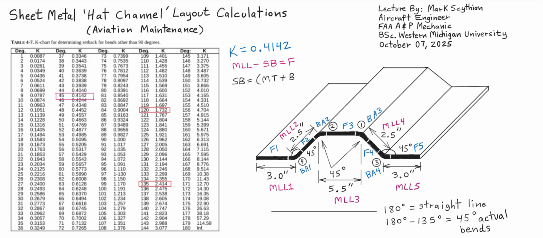So then our setback equation is the metal thickness plus the bend radius as a quantity summation times the K constant. But first we have to calculate the bend radius, so in this case it's the ratio of 45 degrees over 360 degrees as a ratio times the designated unit of measure.